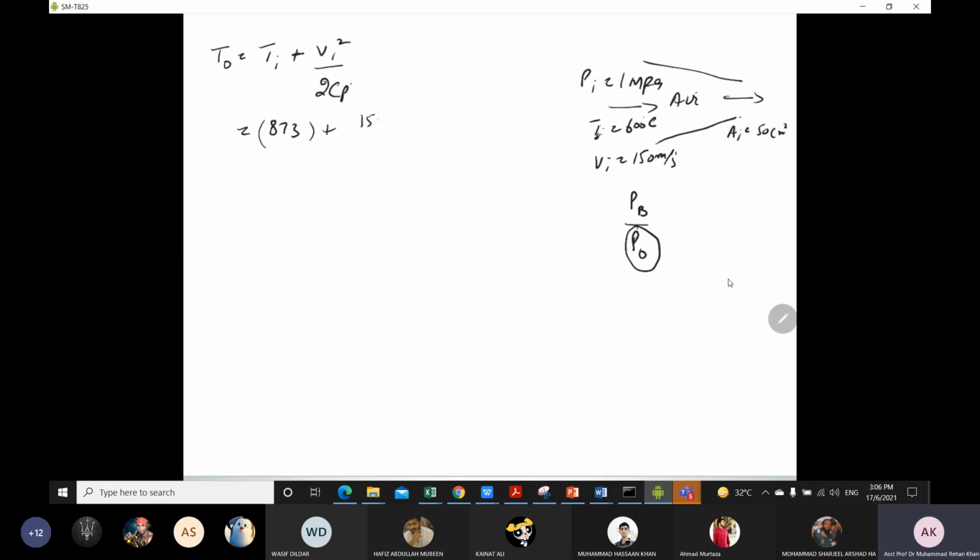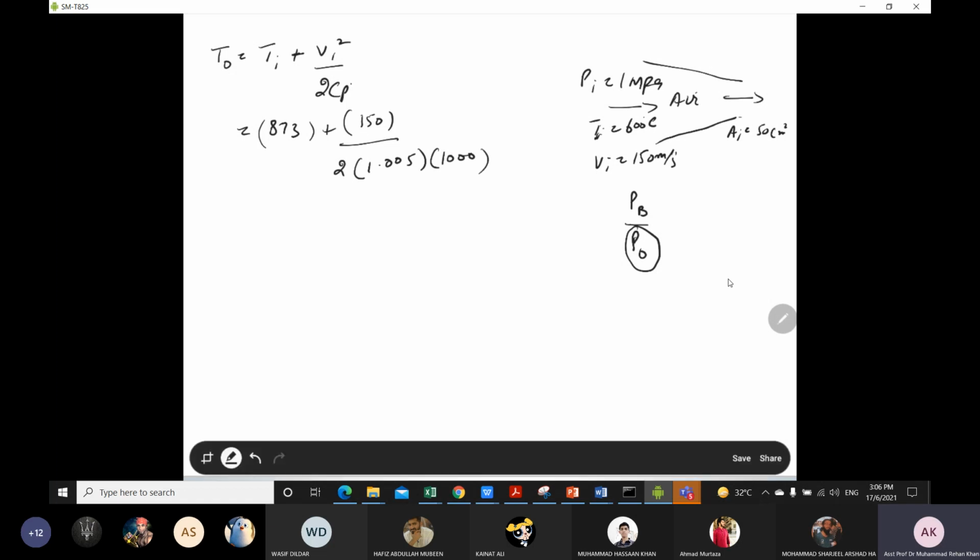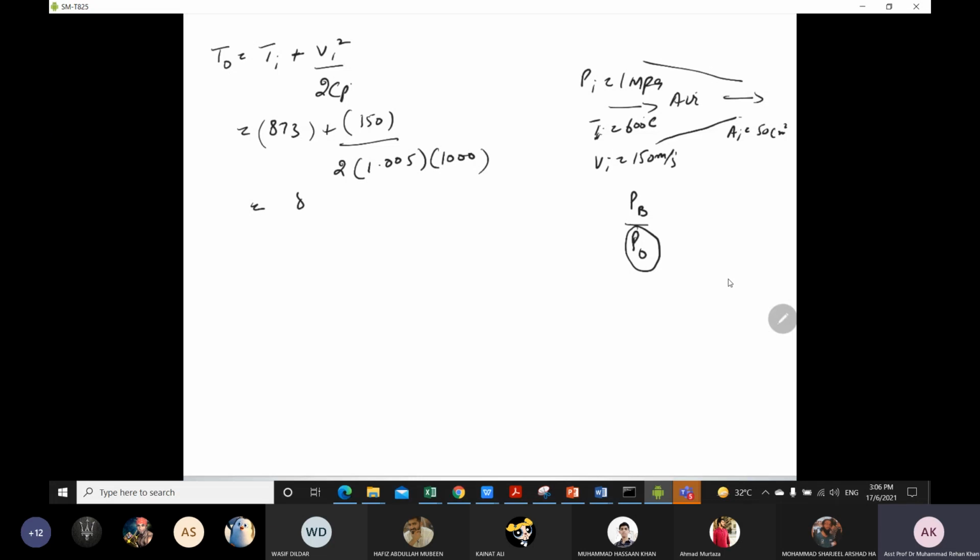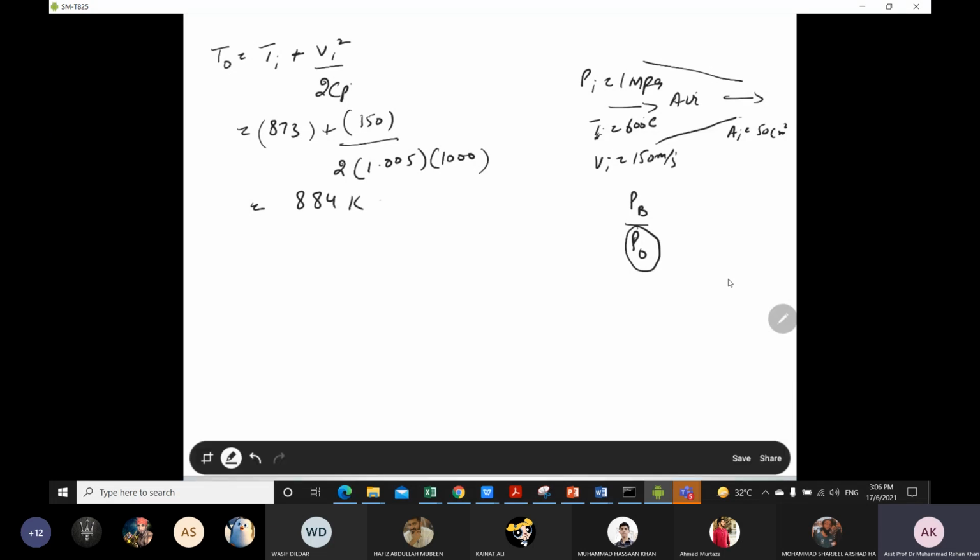Vi is 150 meters per second, squared, divided by 2, and air Cp is 1.005 kilojoule, so you have to convert into joule by multiplying by 1000. The end result is 884 Kelvin for stagnation temperature.